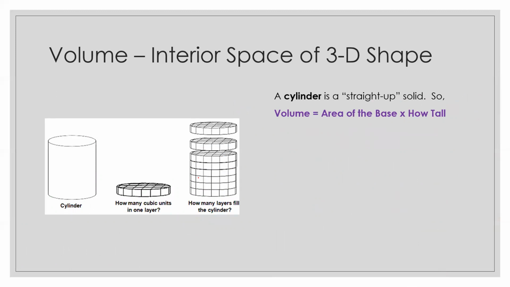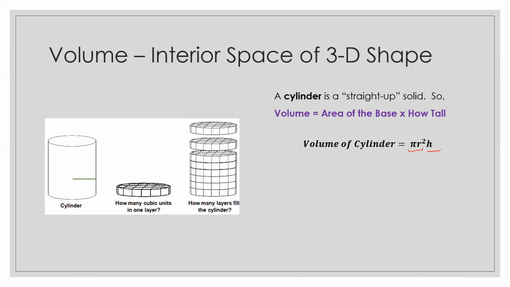Well, once we decided that this is a straight up solid, we would say the volume is the area of the base multiplied by how tall. In this case, the area of a circle is pi r squared. That's the area of the circle multiplied by how tall, which is h.